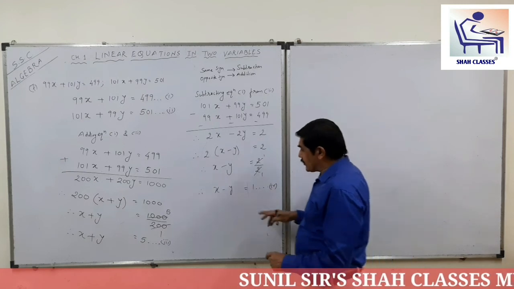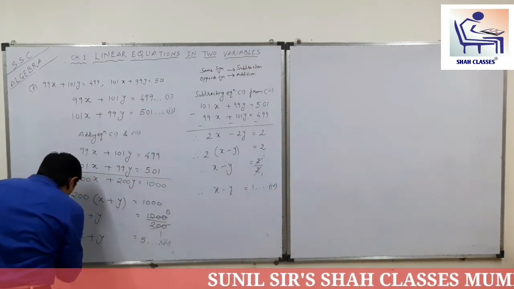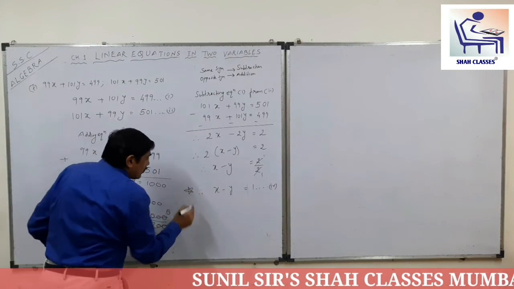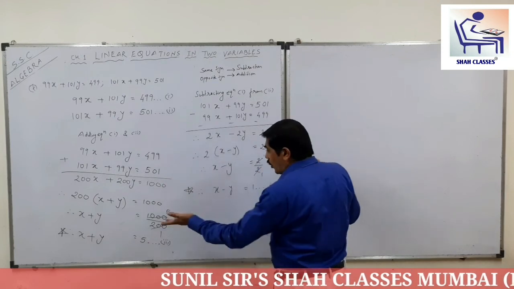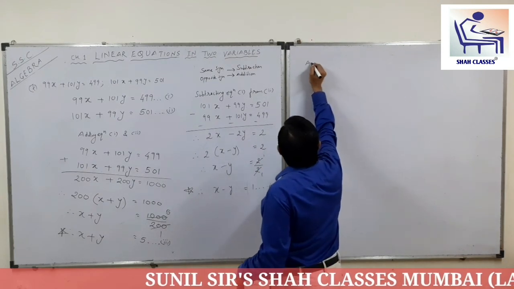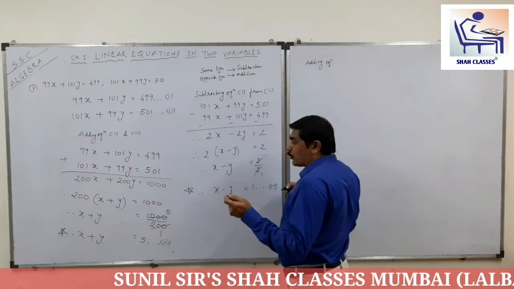Now we have to focus on this. Okay, both these equations we have to focus on, making a star mark for your better understanding. So we will do the addition of these 2 equations. So adding equations 3 and 4. Why are we doing the addition?